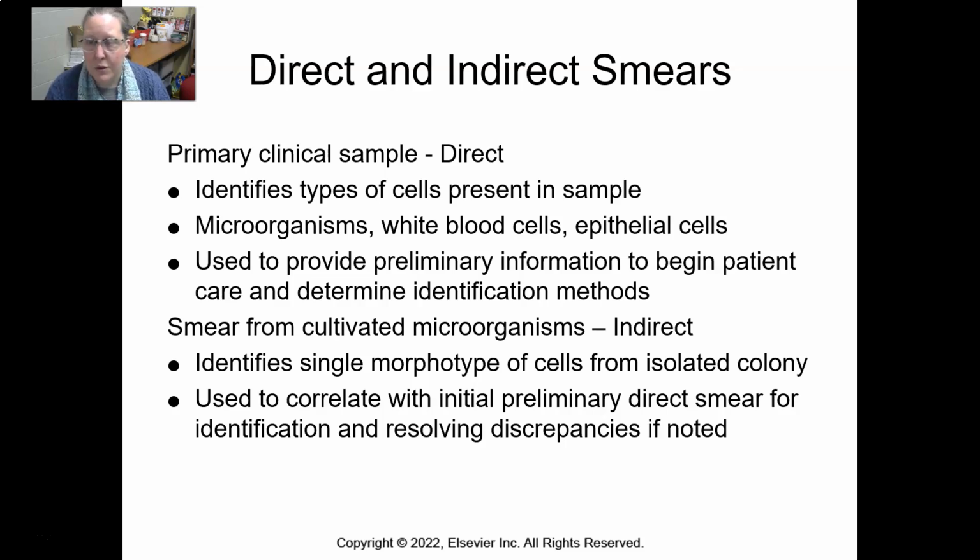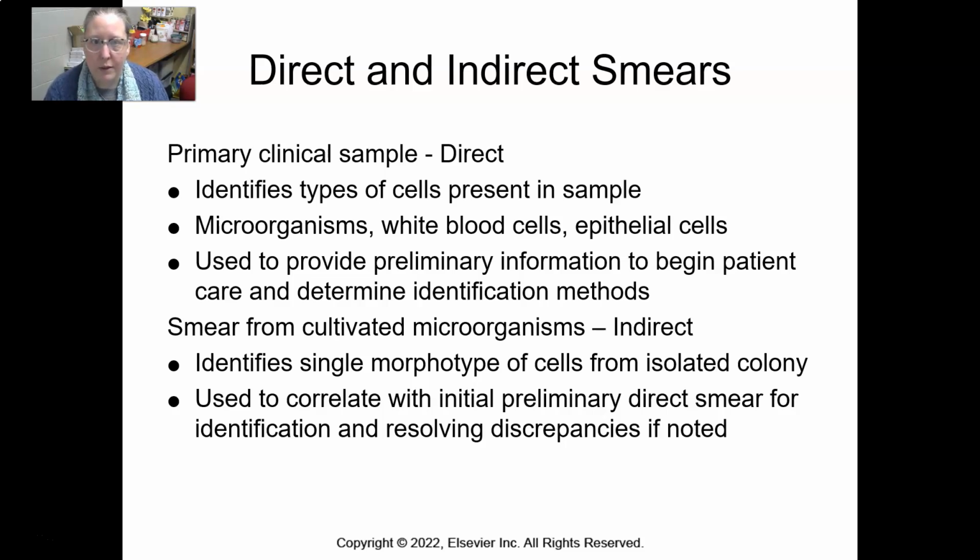If it was a mixed culture, because sometimes there can be infections with multiple organisms, you could differentiate them on the plate and then gram stain each of the types of colonies that you see. And so that's an indirect smear because it is directly from a colony. And then you can use this to correlate with the initial preliminary direct smears and resolve any discrepancy if you note any.